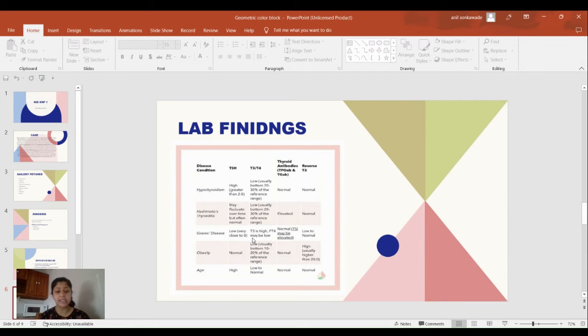T3 is high and T4 may be low, but the thyroid will be enlarged. When you compare the antibodies, sometimes they will be normal, but they may be elevated. So this is not a good thing, obviously. That's what the lab findings will tell you.